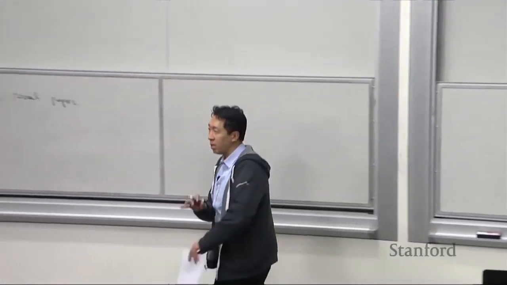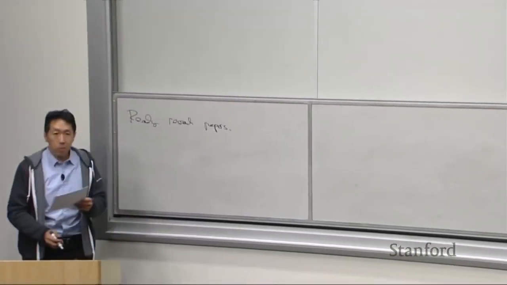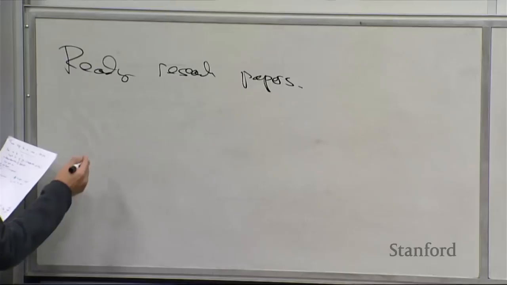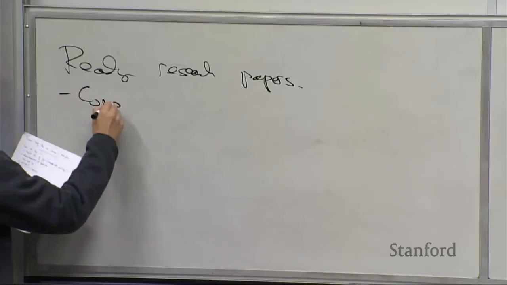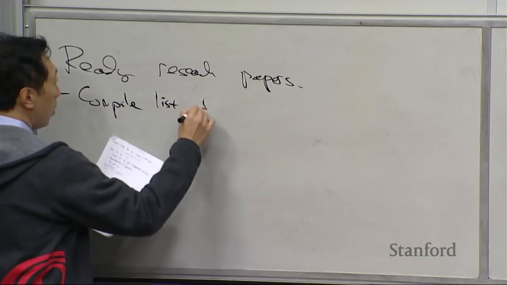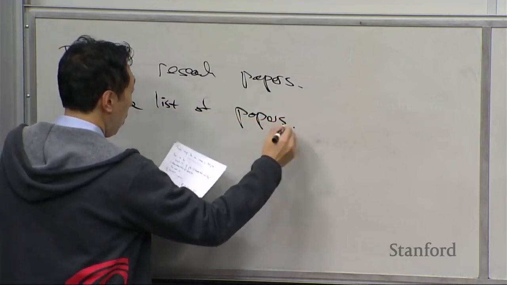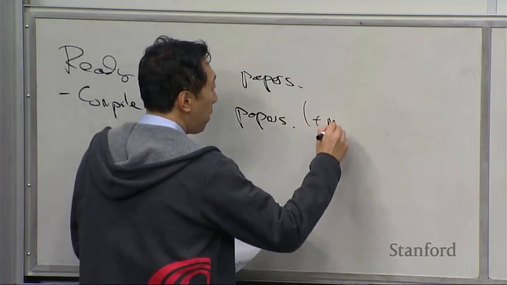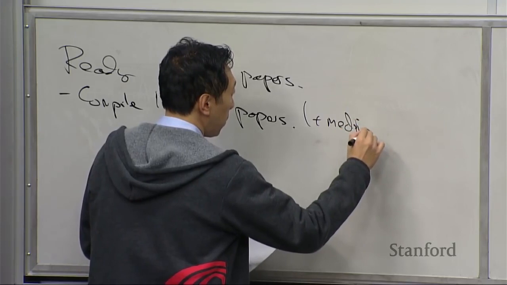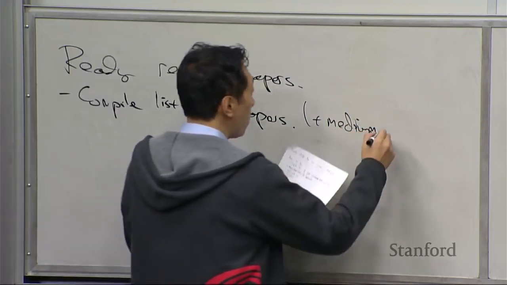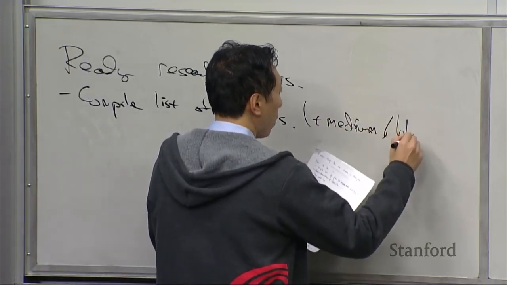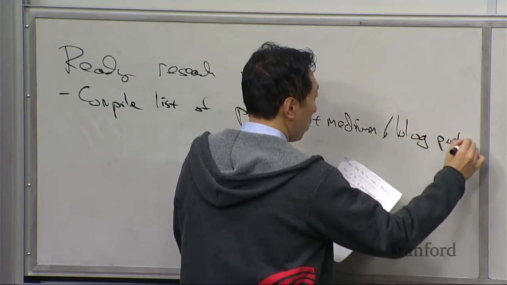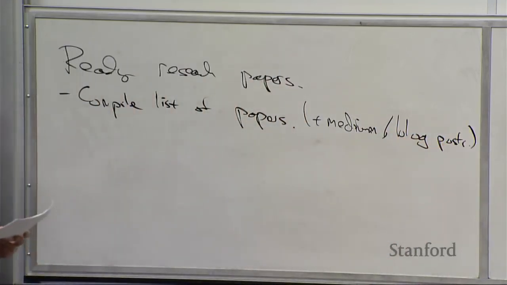This is the sequence of steps I recommend: first, compile a list of papers, and by papers, I mean both research papers, often posted on arXiv or on the internet, but also Medium posts, or maybe some occasional GitHub posts, although those are rarer, but whatever text or learning resources you have.